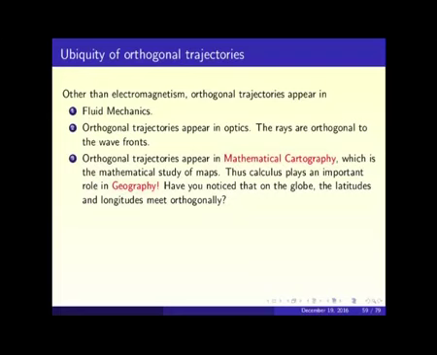They contributed significantly to the science of cartography. If ever you have seen a globe, have you noticed that the latitudes and longitudes cut each other orthogonally? So the family of latitudes and the family of longitudes form a pair of orthogonal trajectories.